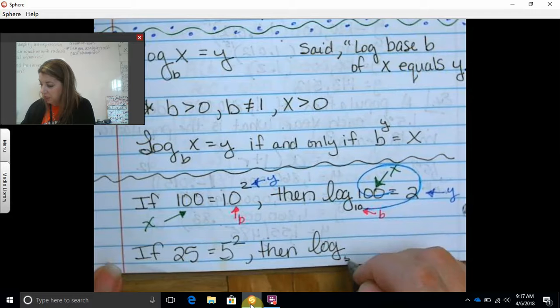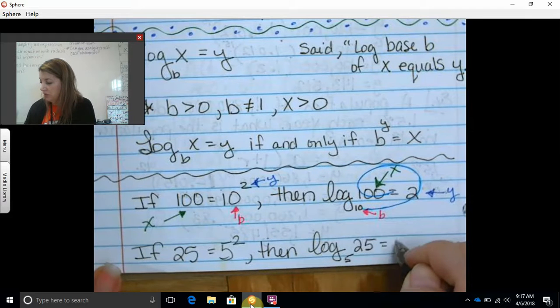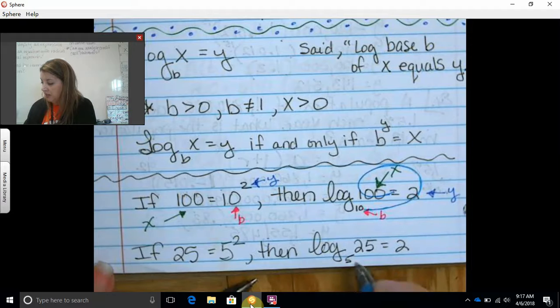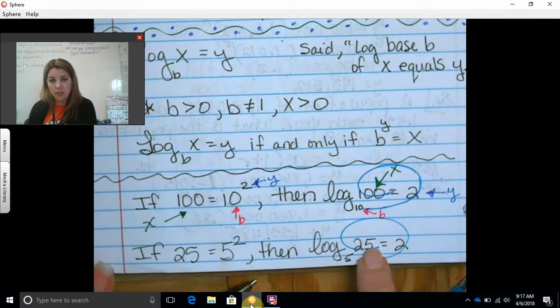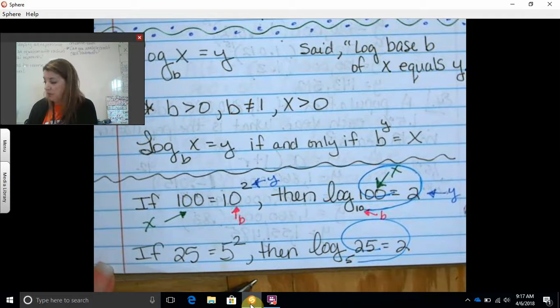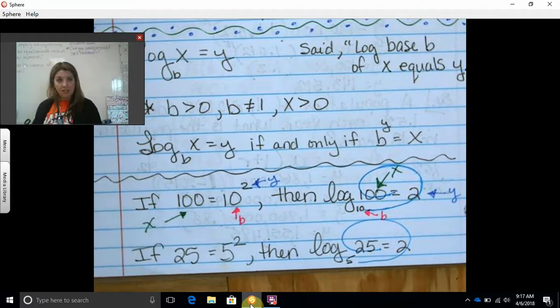Log base 5 of 25 equals 2. Very good. Because 5 squared equals 25. Your base raised to your exponent equals 25. So log base 5 of 25 equals 2, or you could say log 25 base 5 equals 2. That's a logarithm.